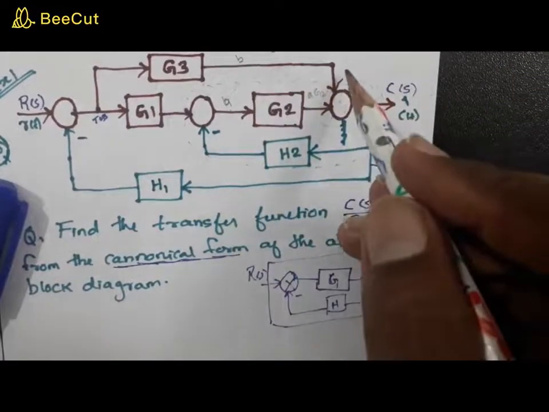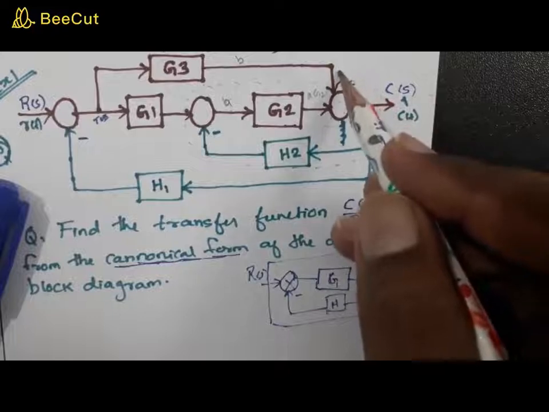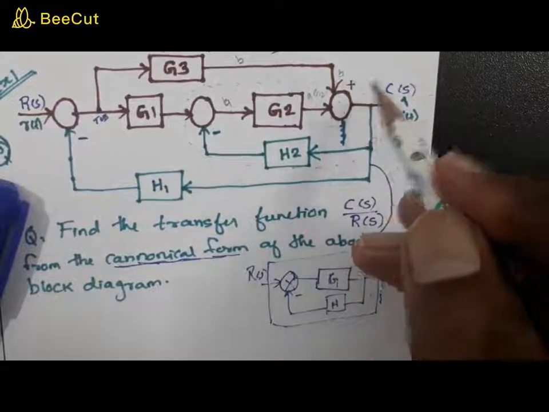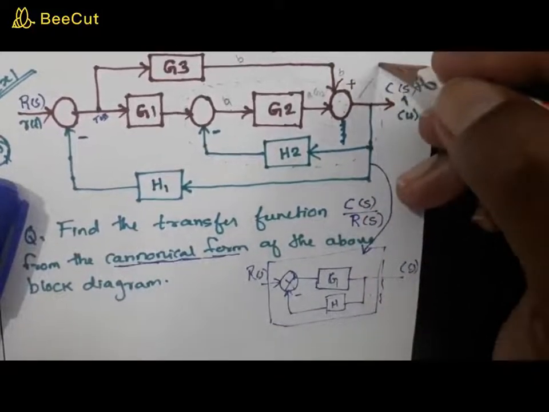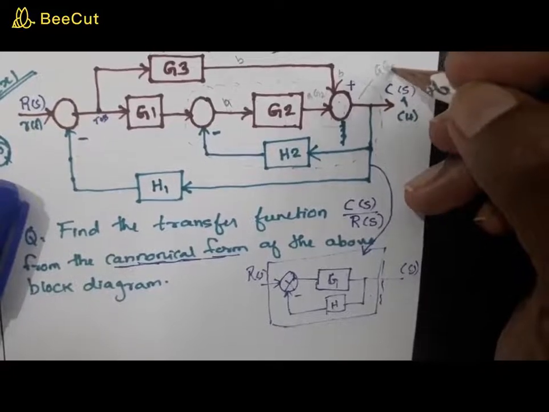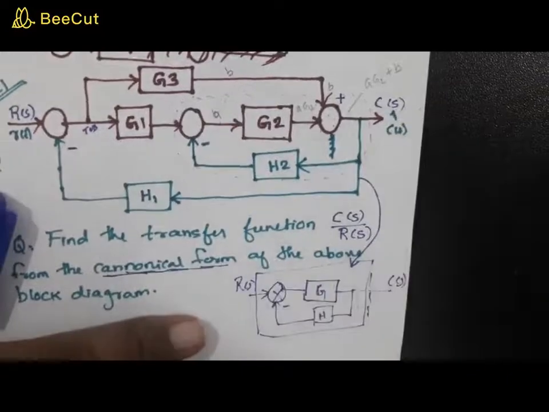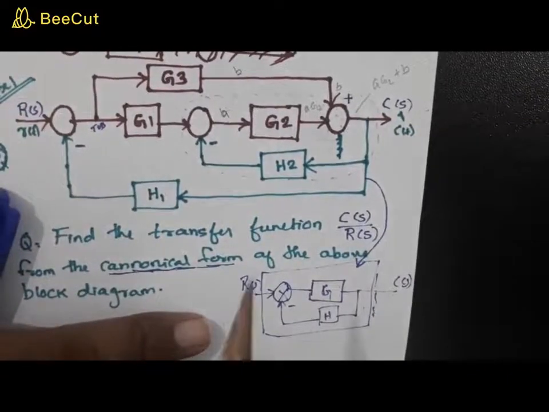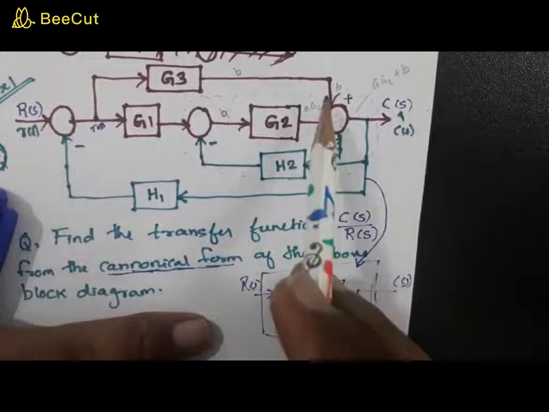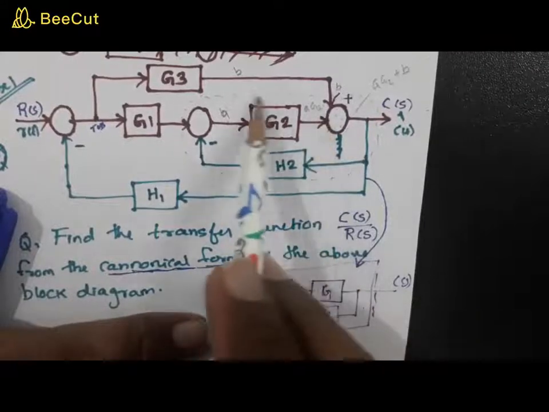And this signal will be b. What is the output here? The output here will be a G2 plus b. Right. Now, my aim is to transfer the position of this summer to this point.